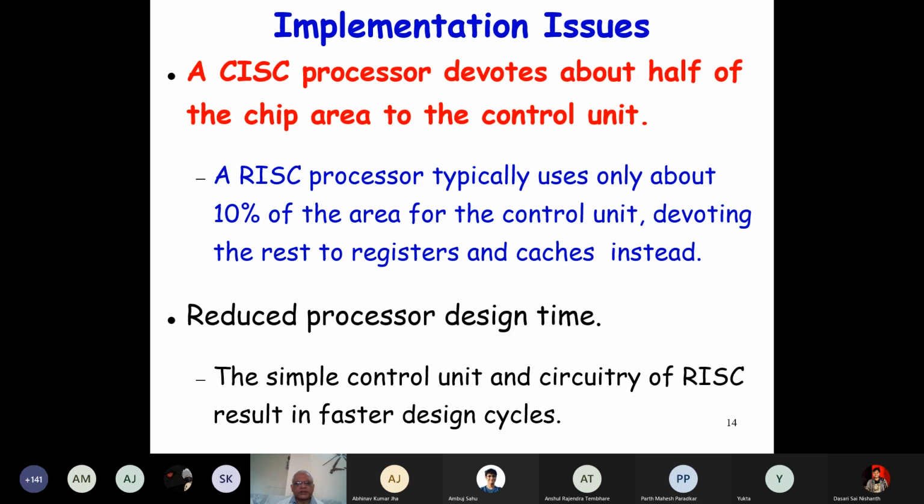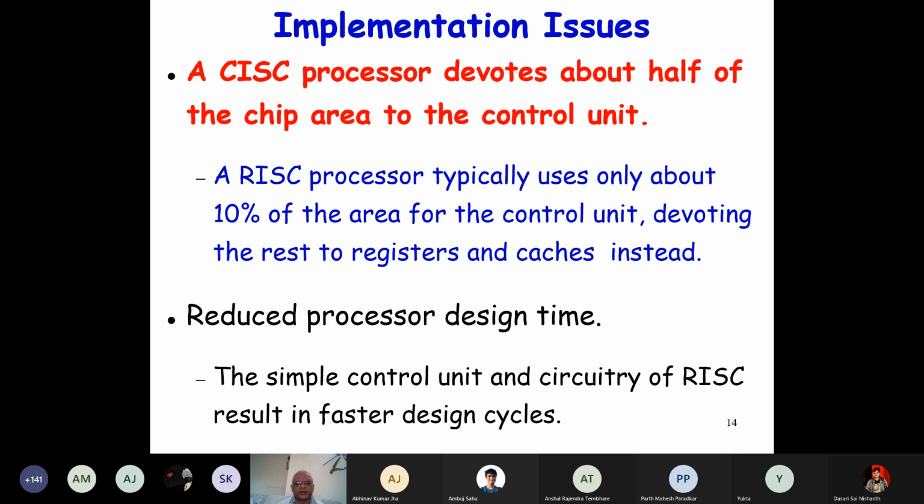If you look at the CISC processor, a large part of the chip area, at least 50% of the number of transistors in the processor, is for the control unit. In a RISC processor, typically 10% of the semiconductors are used for the control unit, and the rest you have as cache. Here in the RISC processor, we'll see that about 50% of the processor area is used for caches. 10% of the semiconductor area is used for the control unit, and the rest is for ALU and other things.